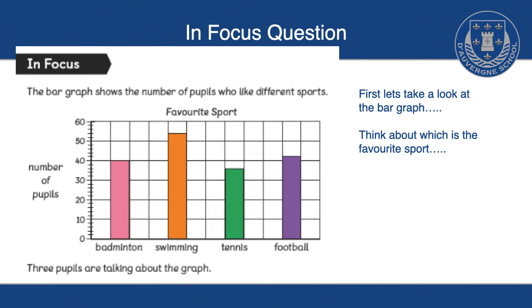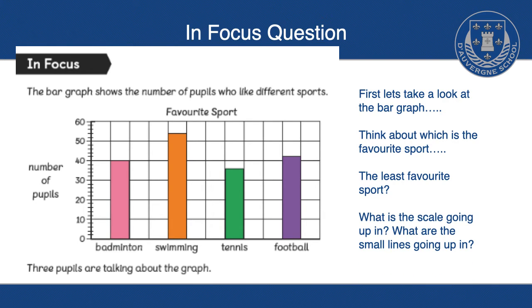Okay, we can visually see which is the favourite, but don't just write which sport. Tell me how many pupils like that sport. This is really important to write down all the bits of information now, because you're going to need them in a second when you're deciding whether the 3 pupils' statements are true or false. Which is the least favourite sport?